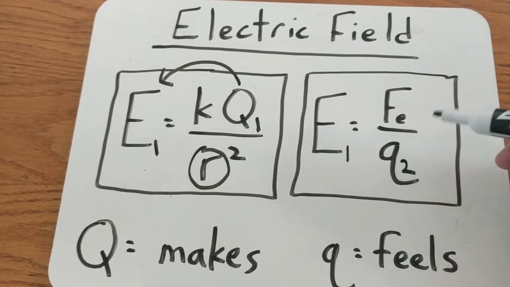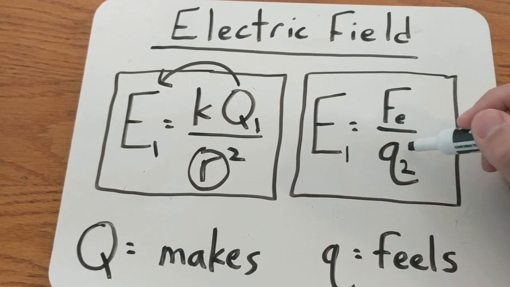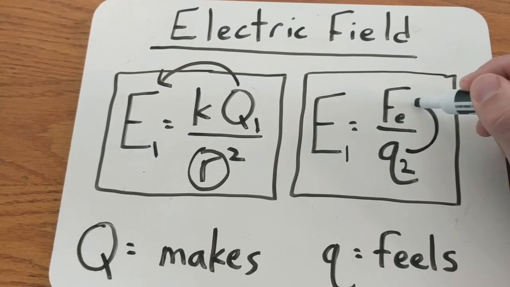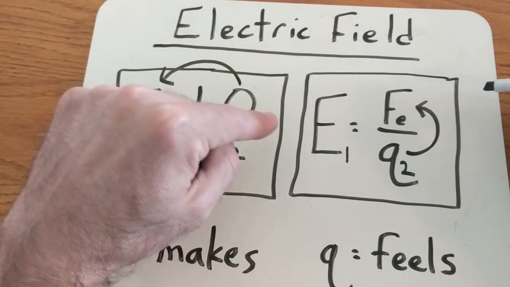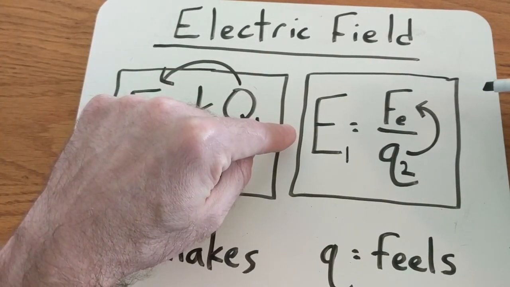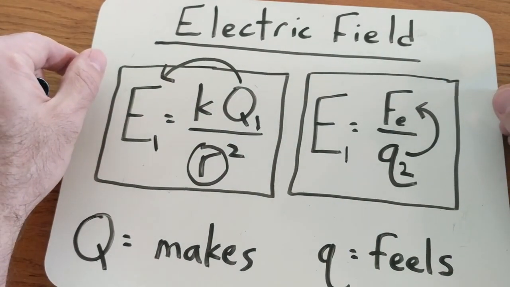This little q here, while it's doing its own thing, sending out its own electric field, is feeling a force. So when you say q feels, it is experiencing that force because it's in somebody else's electric field. We'll see examples of how to use both of these equations.